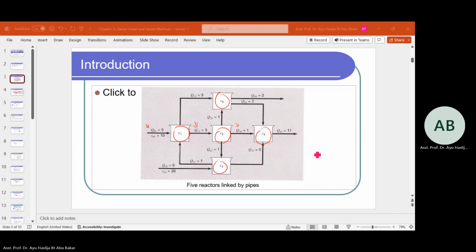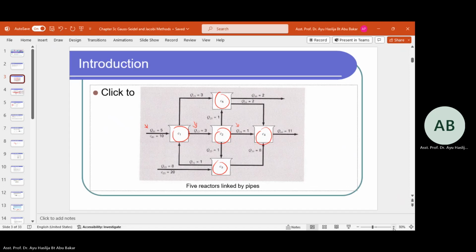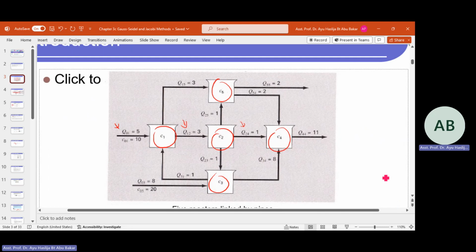We have these 5 reactors, and you are informed of the inlets, the outlets and the components. We want to know the compositions C1, C2, C3, C4, and C5. So from here, we need to develop the equations.